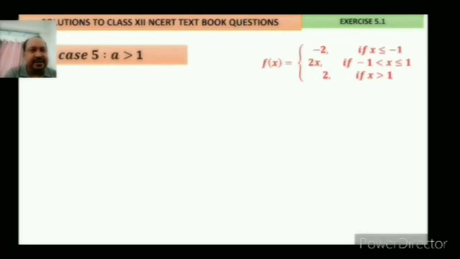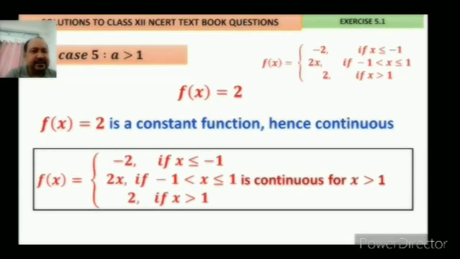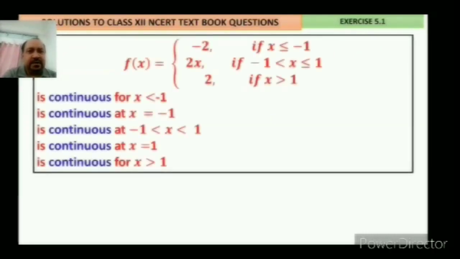Case 5, when a is greater than 1, the value of the function f of x equal to 2. f of x equal to 2 is a constant function, hence continuous. So you can say that the function is continuous for x greater than 1. Let us summarize all the conditions of continuity. The function is continuous for x less than minus 1.